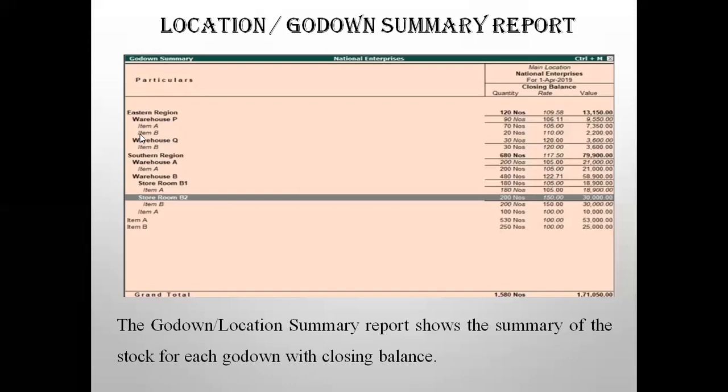If you press enter on warehouse P, it will show you item A and B are there in warehouse P, whereas item B is in warehouse Q. A is absent.